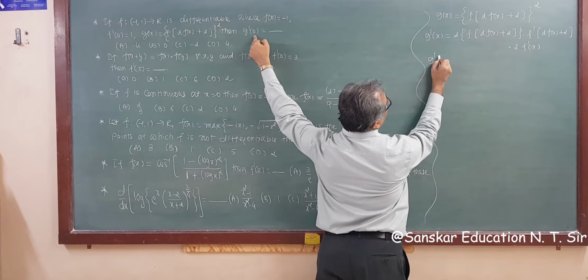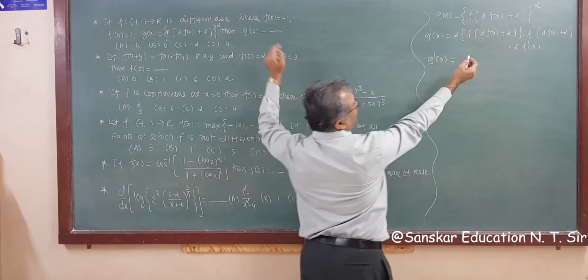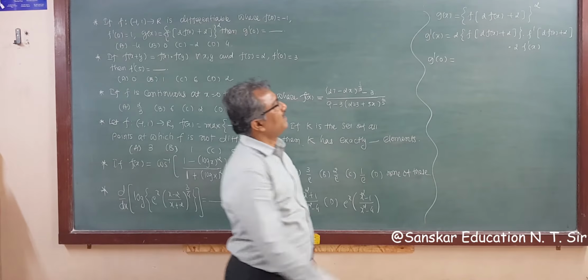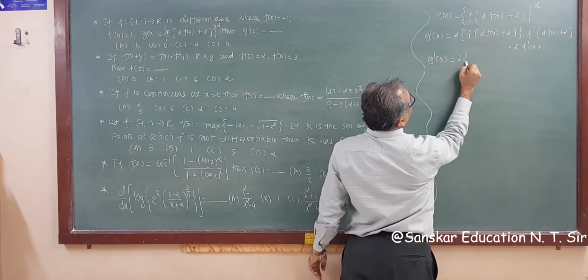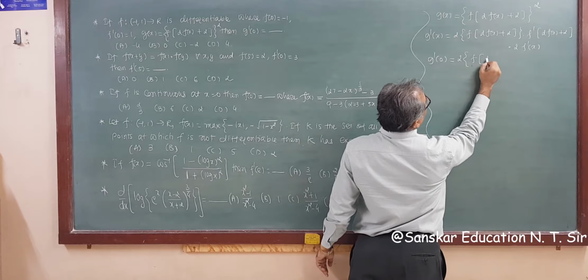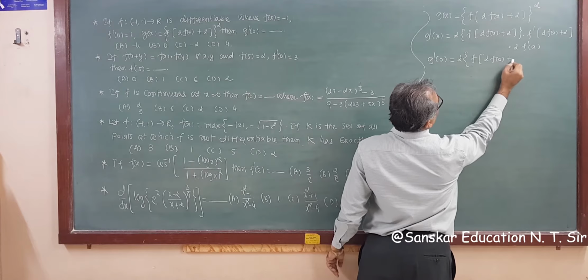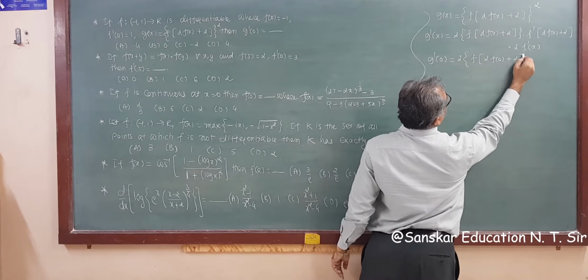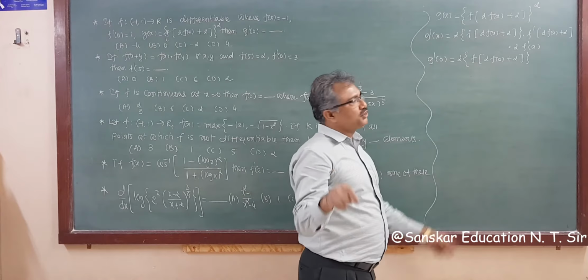So substituting x equal to 0, that is g dash 0 is equal to 2 times f of 2 times f of 0 plus 2, into f dash of 2 times f of 0 plus 2 into 2 times f dash 0. I am simply substituting x equal to 0 in this equation.